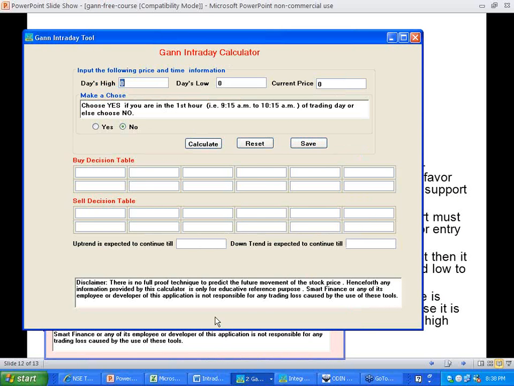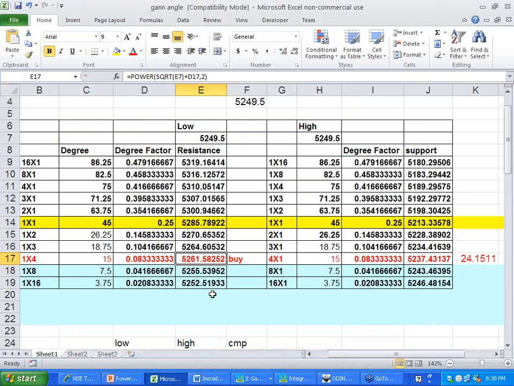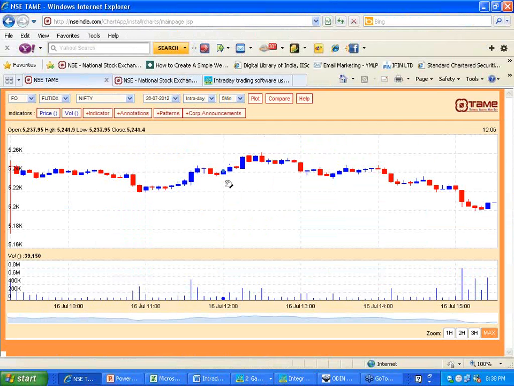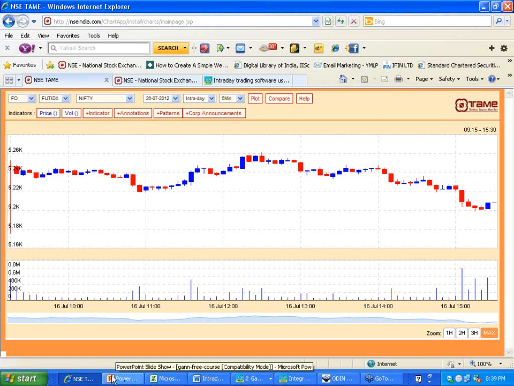If you take the same 5238 and 5261, you will get a different level. So if you take the Nifty for the same 12 o'clock to 1 o'clock, 5238 and 5261 levels, and currently we are at 1 o'clock, at 5241.